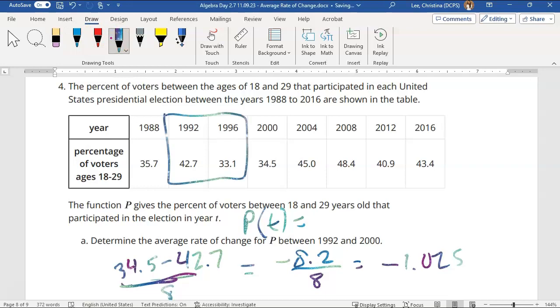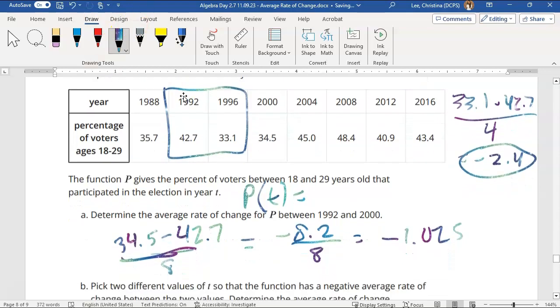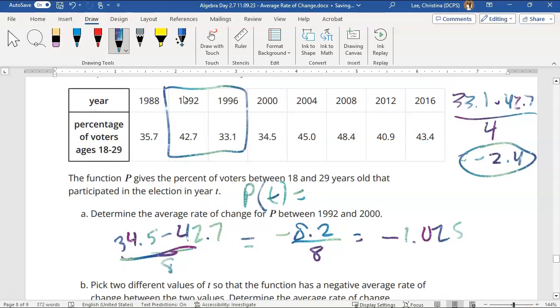In this case, we would do 33.1 minus 42.7 over 1996 minus 1992, which is 4 years, and we know that that'll give us a negative. So 33.1 minus 42.7 divided by those 4 years would give us negative 2.4. We're reducing by 2.4% each year from 1992 to 1996.